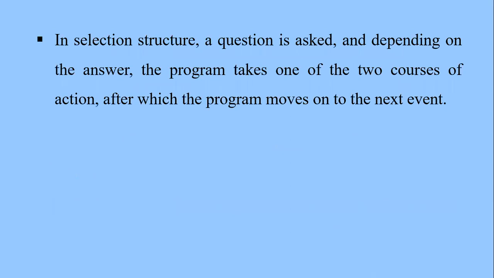In selection structure, a question is asked, and depending on the answer that is gotten, the program takes one of the two courses of action, after which the program moves on to the next event. So generally, in selection control structures, an action is taken depending on whether the condition has evaluated to true or if it has evaluated to false.